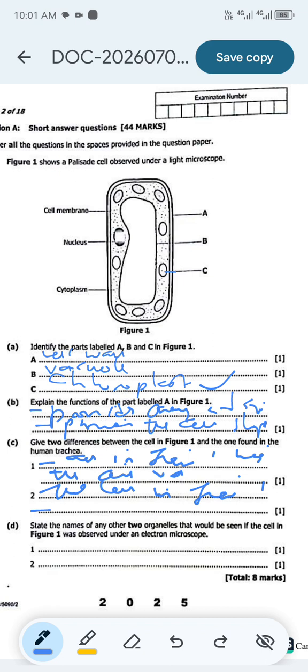Then let's look at D, which says, state the names of any other two organelles that would be seen if the cell in figure 1 was observed under an electron microscope. Initially, this structure was viewed under a light microscope, so you should be able to state the differences between an electron microscope and a light microscope.